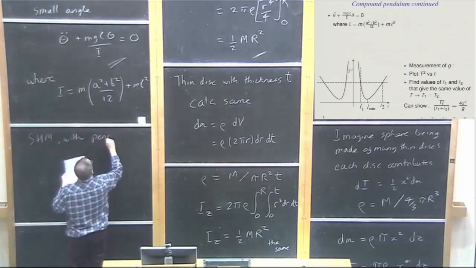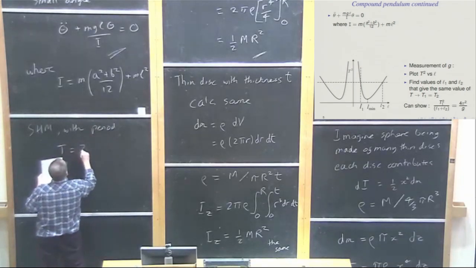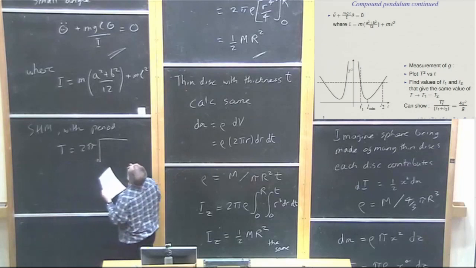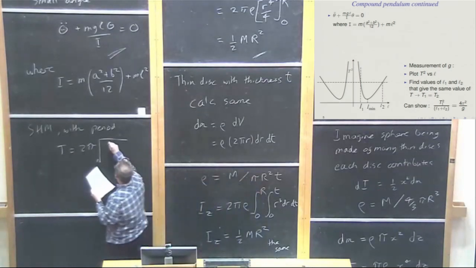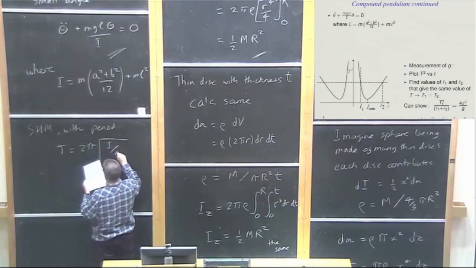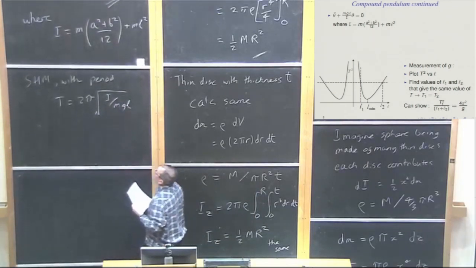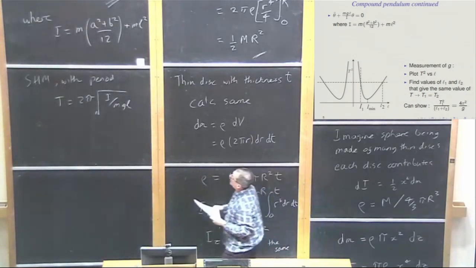The period is going to be given by 2 pi times the root of I over m g l, from working out what the angular frequency is for the simple harmonic motion.